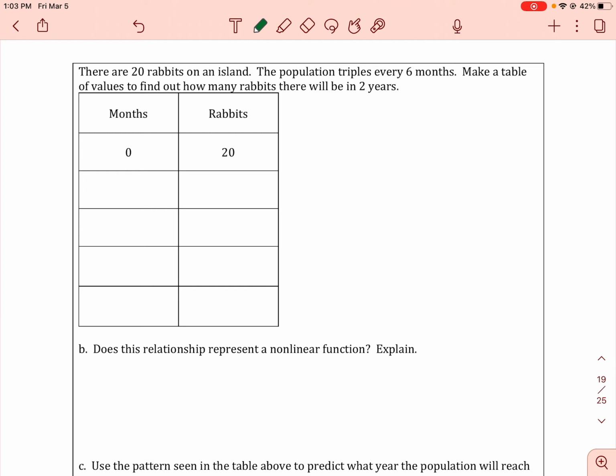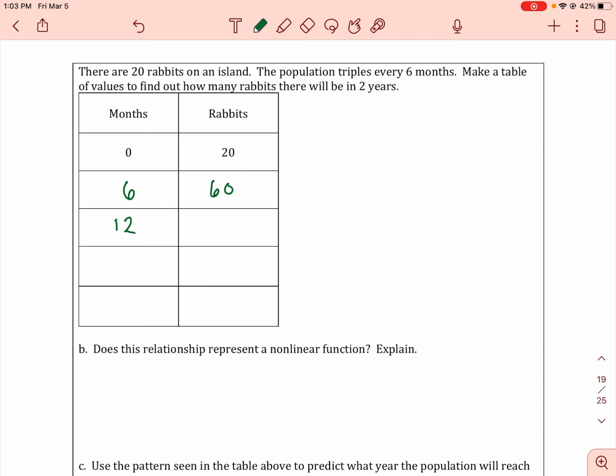So, there are 20 rabbits on an island, and the population triples every 6 months. Let's make a table, and let's try to find out how many rabbits there will be in 2 years. So in 6 months, the population triples. So that means there will be 60 rabbits in 6 months.